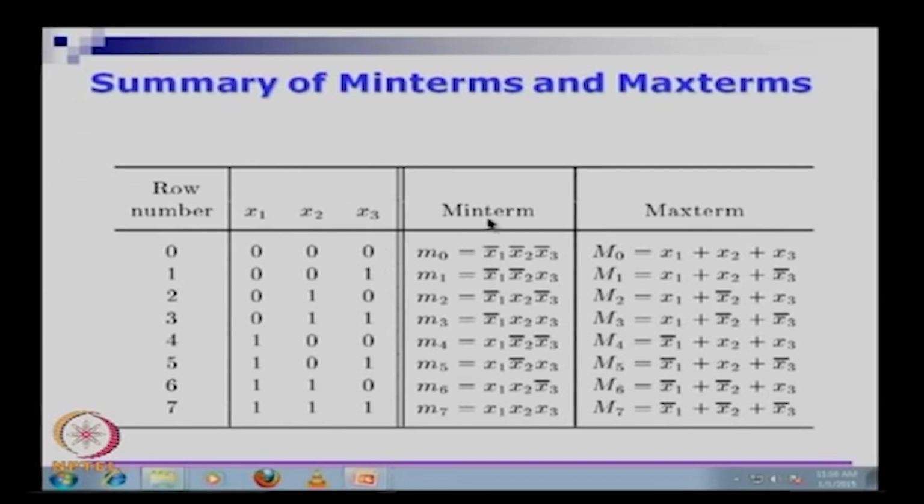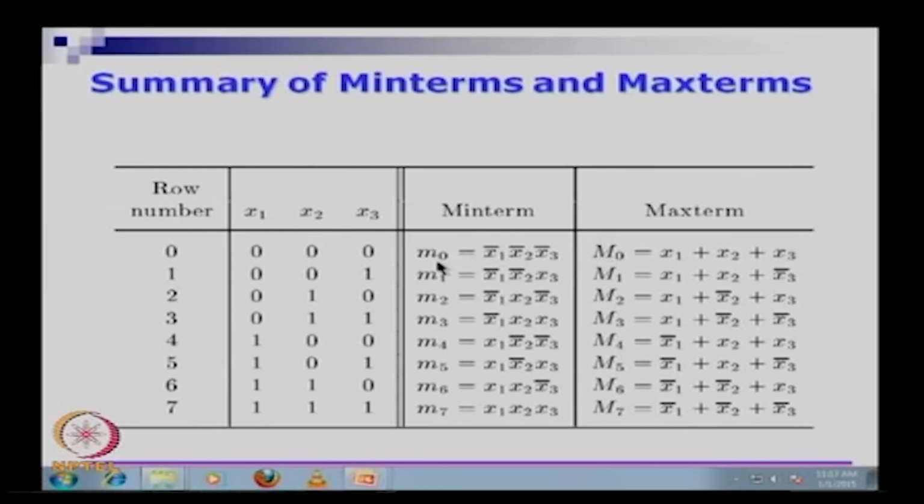I mentioned that for min terms we use the small case m, and for max terms we use uppercase M. When we say m0, we are talking about the 0th row where everything is 0, and the interpretation is x1 is complemented, x2 is complemented, and x3 is complemented. That is what you see here. The max term interpretation of that is x1 is uncomplemented, or x2 uncomplemented, or x3 uncomplemented.